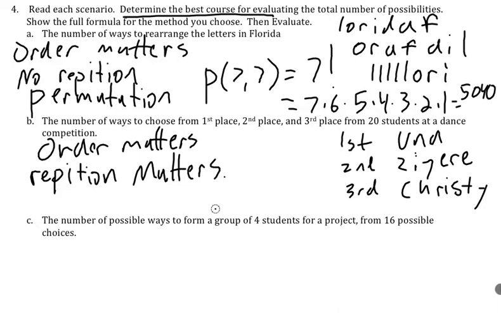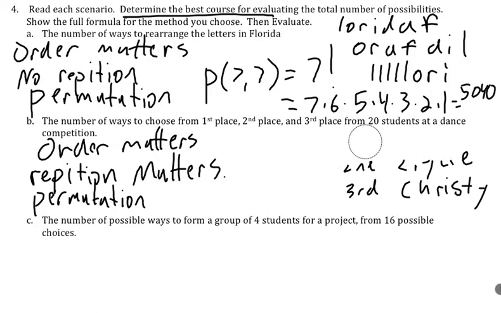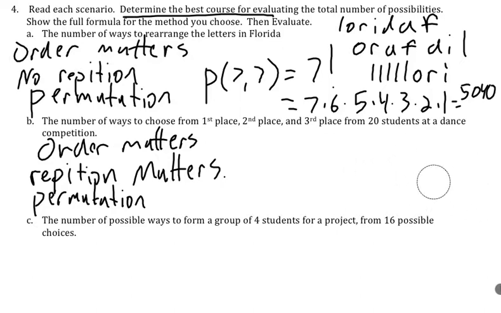So we're still in a permutation situation. The only major difference is we're not going to multiply all the way down. It's not just going to be 20 factorial because we're not deciding on all 20 positions. We're just deciding on first, second, and third. So this is 20 pick 3.